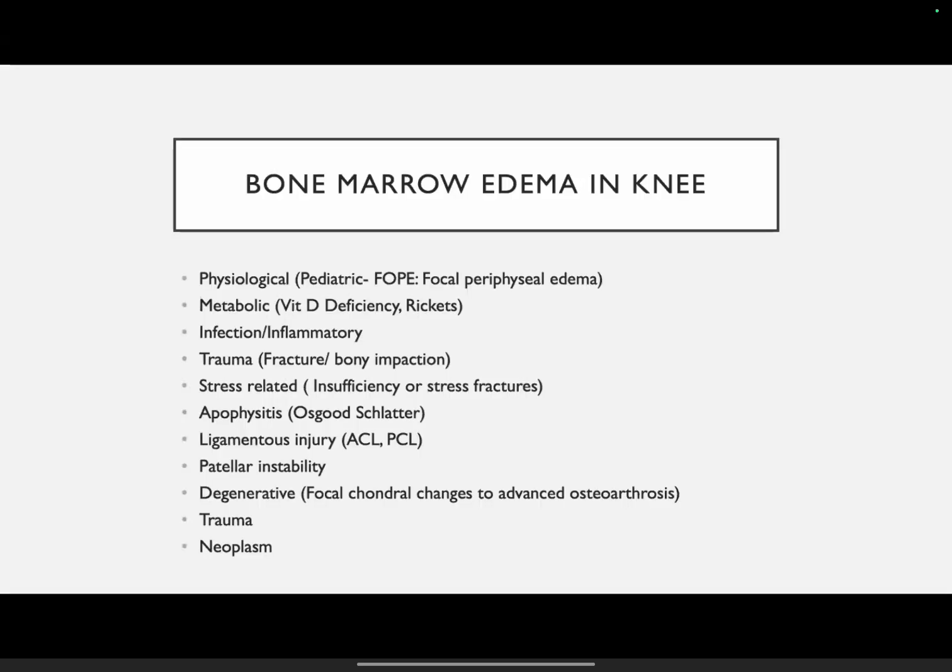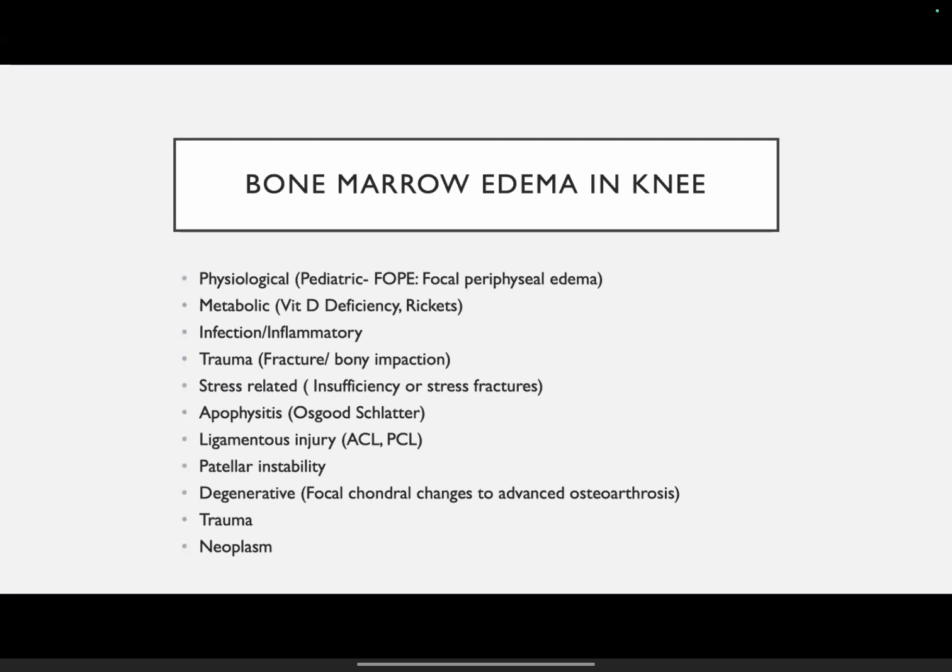In my early days of training, I always thought that edema is either inflammatory or infective. But as we start reporting and reading a variety of cases, we get to know how bone marrow edema fits into a big spectrum of disorders, from physiological to pathological.